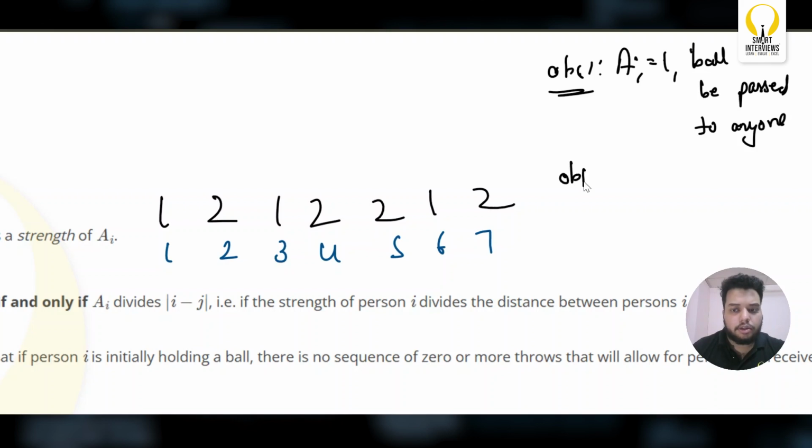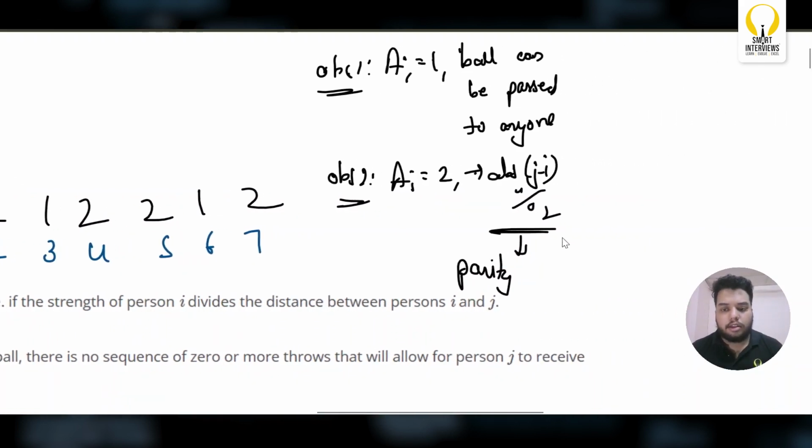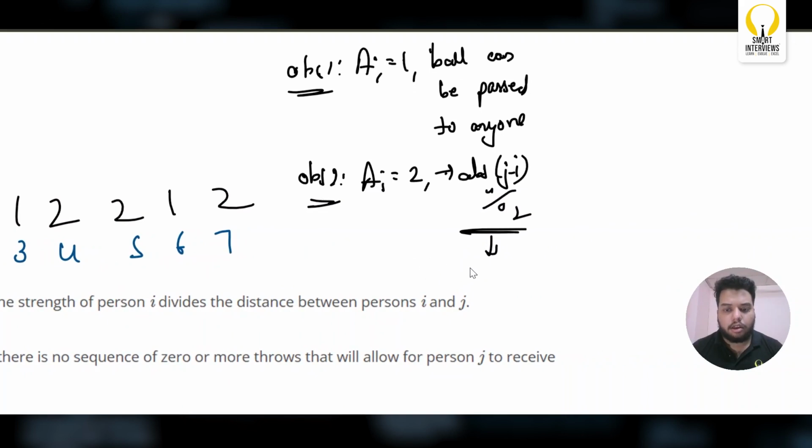And observation 2 is, if a of I is equal to 2, and they are passing to j, the condition will be like j minus I, the absolute distance, should be divisible by 2. From this, I mean they should have same parity, same parity by index.